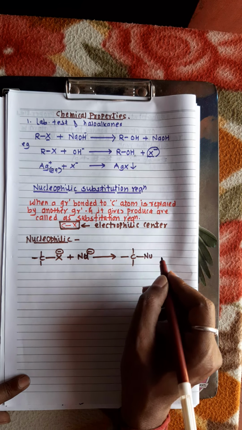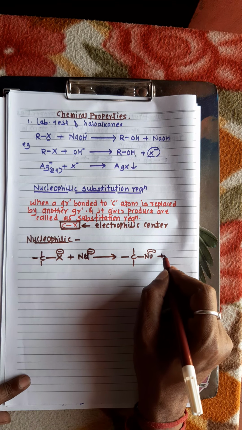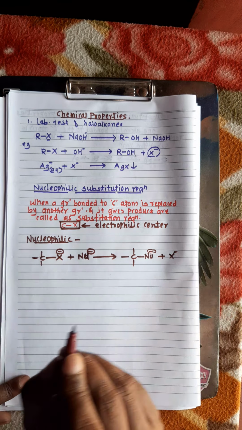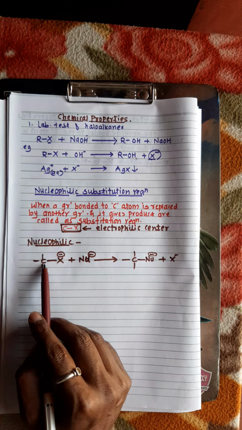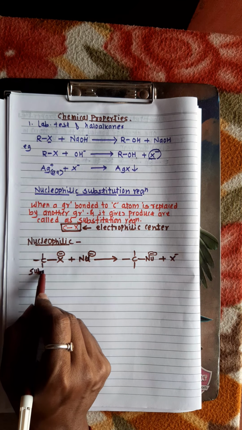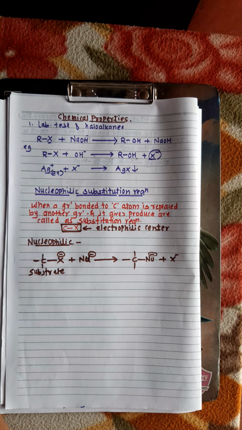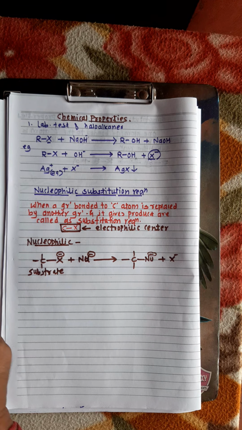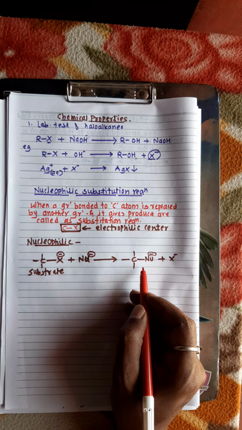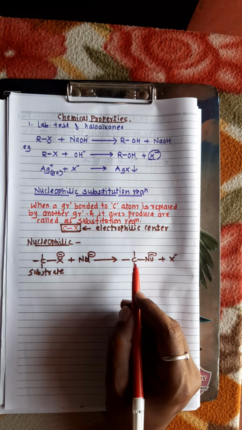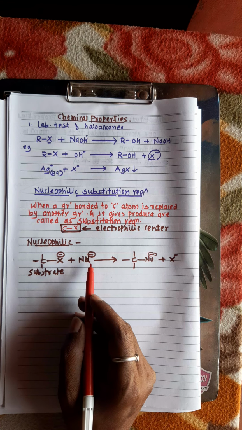Here there is the nucleophile and we get the leaving group, that is the halide ion. When the substrate reacts with the nucleophile and gets converted into product, it is called a fast or reactive substrate.